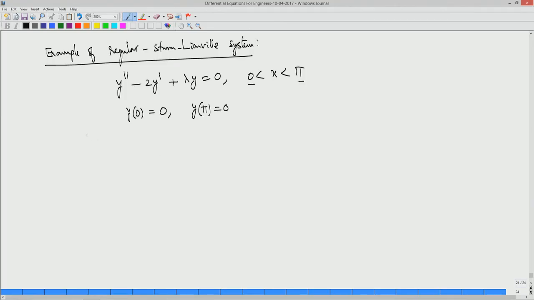So, we will try to find the eigenvalues. Basically, the problem is to find the eigenvalues and eigenfunctions for the regular SL system.